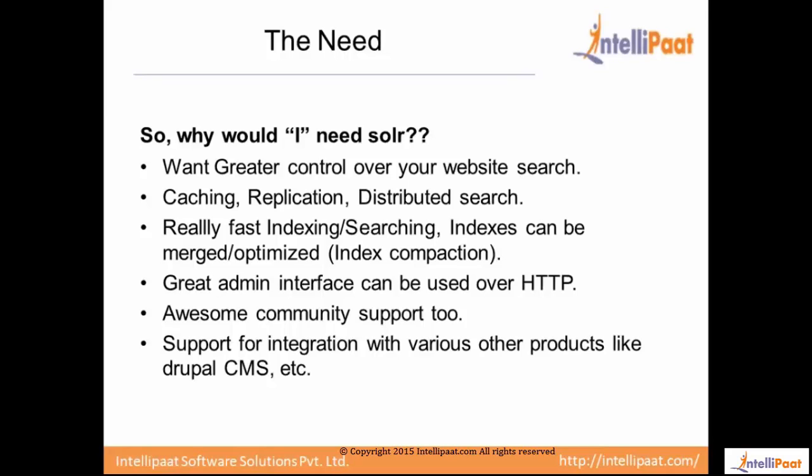Then we have distributed search. You will never have only one application server where there is a Solr available. In the enterprise, you will have a setup of Solr servers. You will have at least 3, so that multiple requests can be handled at the same time, because every server has its own capability to handle requests.